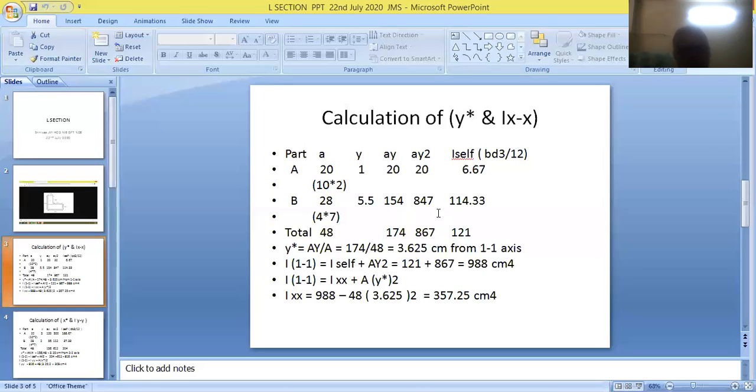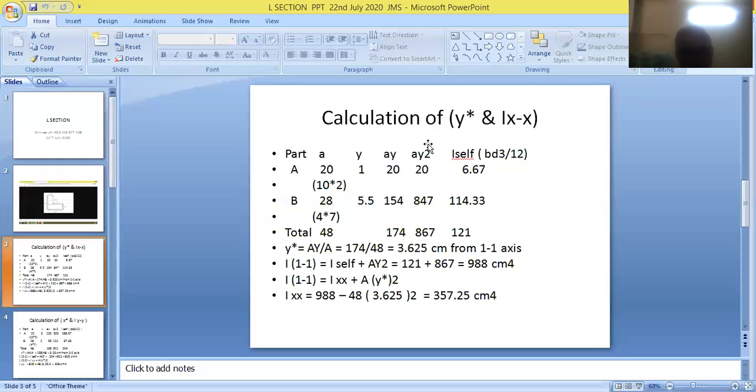So this column is for indicating AY values of components, and the next column for indicating AY square values of different components. And friends, the calculation of AY square is also very, very easy. You take the value of AY and multiply by the value of Y, AY into Y, giving AY square. So it's very easy to measure AY square values for all these components.